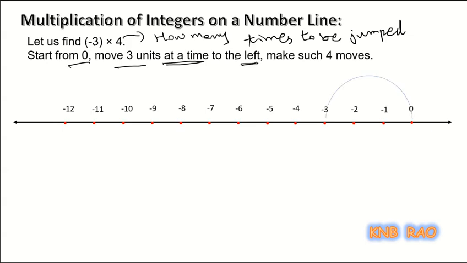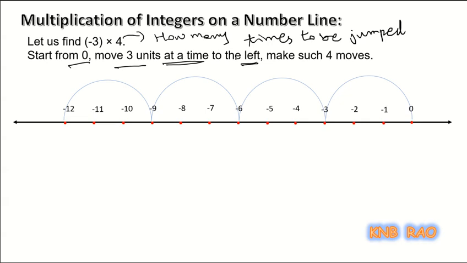So, we are jumping from 0 to minus 3 as a first jump. Second jump will be from minus 3 to minus 6, and third jump would be from minus 6 to minus 9, and last, that is fourth jump, would be from minus 9 to minus 12.